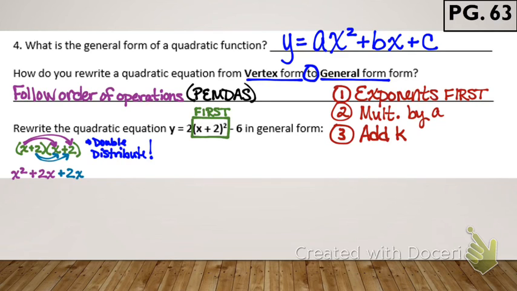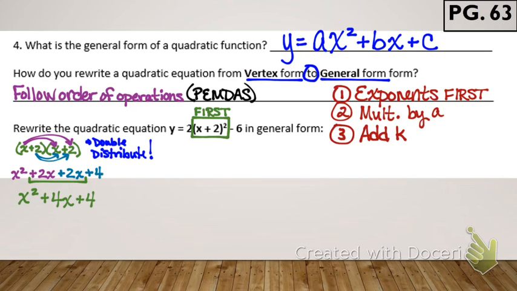And 2 times 2? 4. Are there any like terms that I can combine together? 2x and 2x can be combined. The x squared is not a like term, so you're correct there. We cannot combine that. It does have an x, but it doesn't have the squared, and it has to match the variable and the power to be a like term.